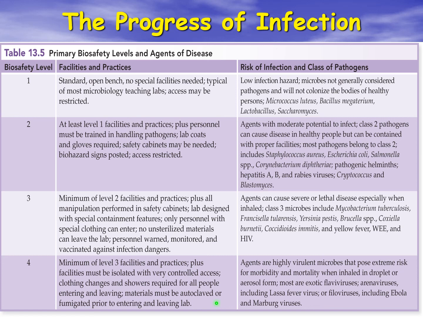Level 4 organisms are those that are highly virulent microbes that pose extreme risk for most morbidity and mortality, especially when inhaled in droplet or aerosol forms. And so things like Ebola, the flaviviruses, some of the arenaviruses, all of these will be looked at in a level 4 laboratory.